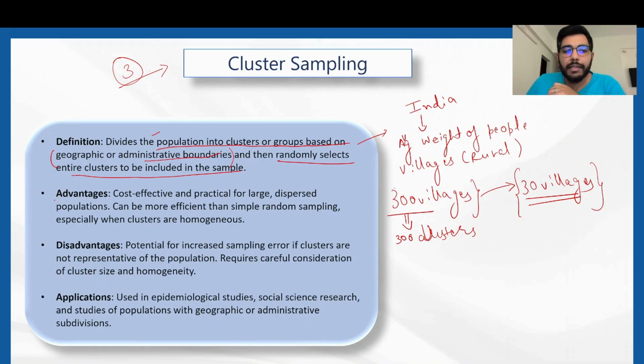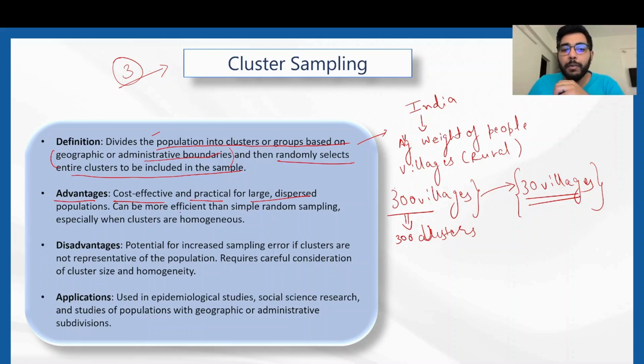The advantage of cluster sampling is that it is cost effective and practical for large and dispersed populations. As we saw, instead of sampling each and every person in each of the villages, we sampled the overall clusters or villages, which saved us a lot of cost and time, and became more practical when dealing with a large and diverse population.